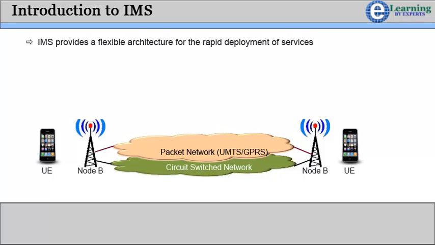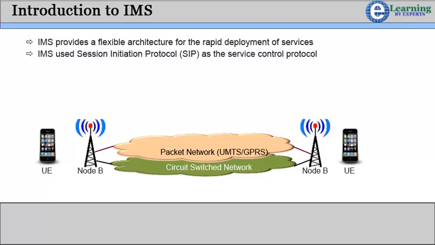The IMS focuses on introducing both a technical and commercial framework for a mobile operator to offer person-to-person services using a wide range of integrated media, voice, text, picture, video, etc. The IMS standards have recommended the adoption of the Session Initiation Protocol, SIP, as the Service Control Protocol.